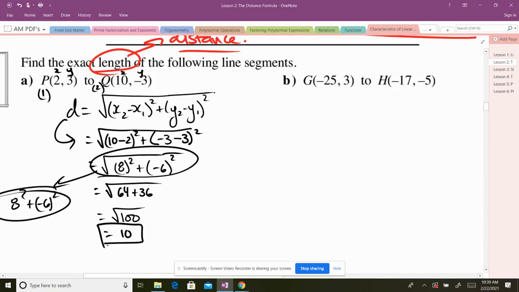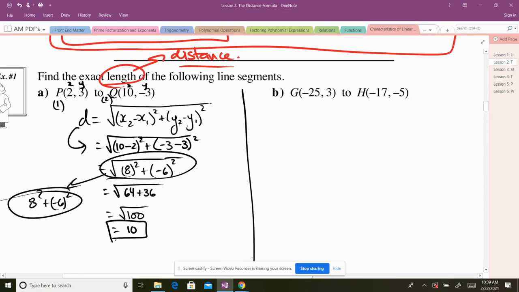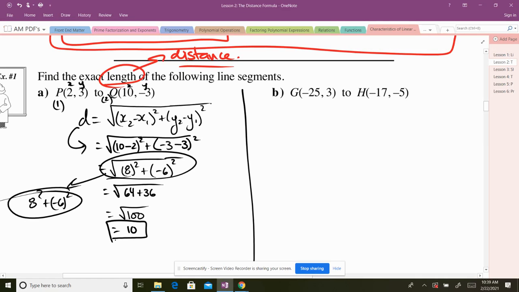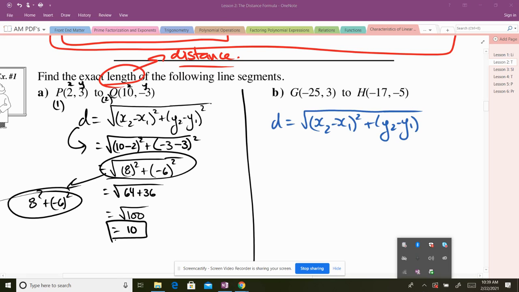Do your best. Okay, we'll do one more example. All right, here we go. G and H, we want to find the distance between them. Does it matter what you call set 1 and set 2? No. Okay, what do you want to be set 1 and what do you want to be set 2? Okay, set 1, so that's set 2.